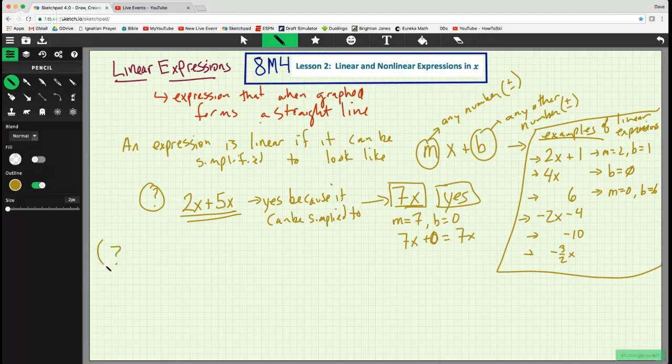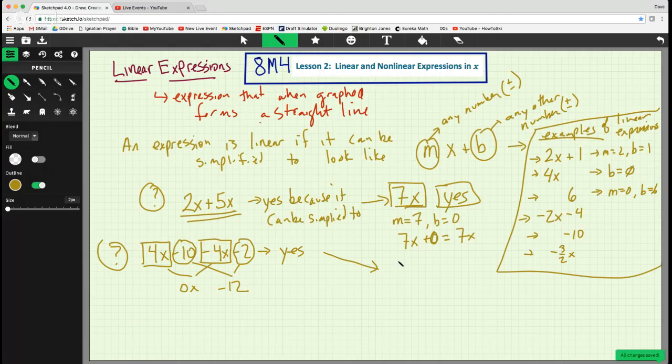Question. Is this an expression? 4x minus 10 minus 4x minus 2. And the answer is yes, because it can be simplified. 4x minus 4x, combining like terms, is 0x, and negative 10 minus 2 is minus 12.